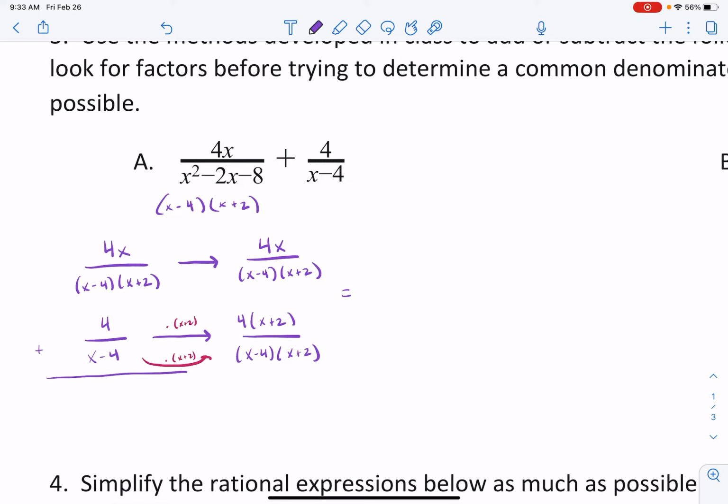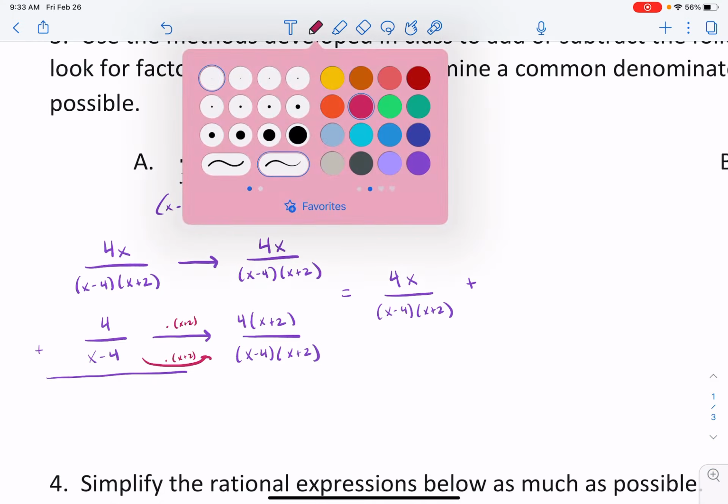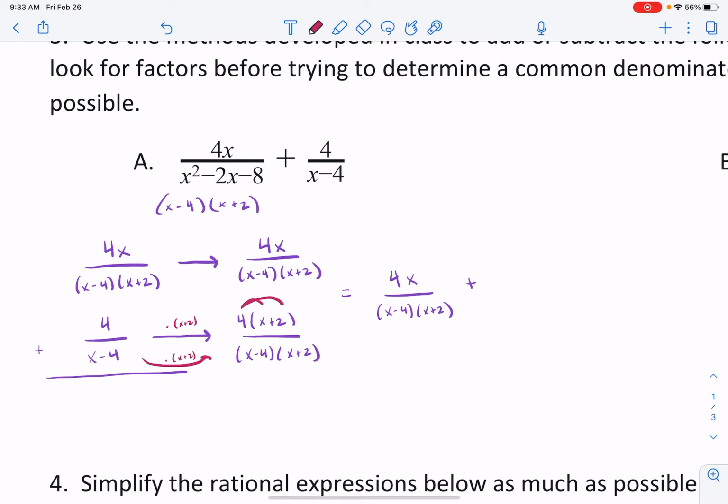So now I'm left with 4x over x minus 4, x plus 2, plus, and I'm going to go ahead and distribute. So this is 4x plus 8 all over x minus 4, x plus 2.